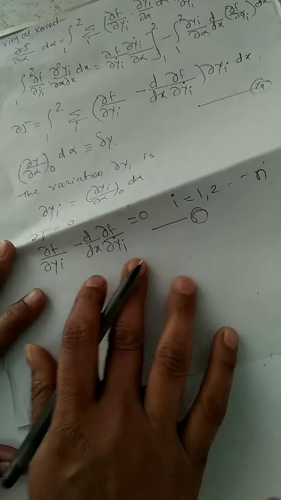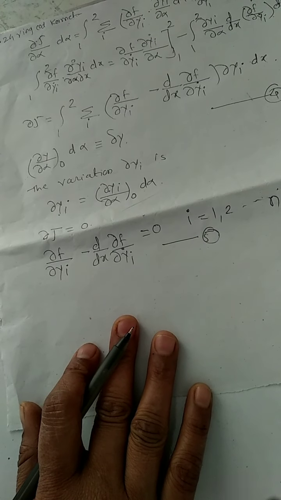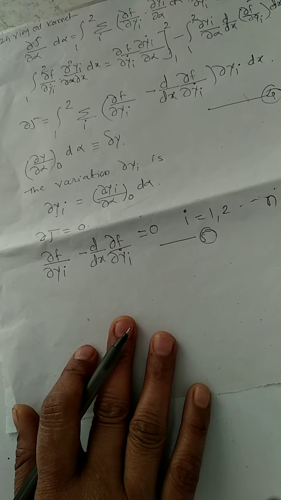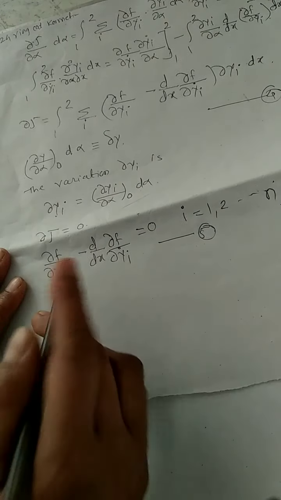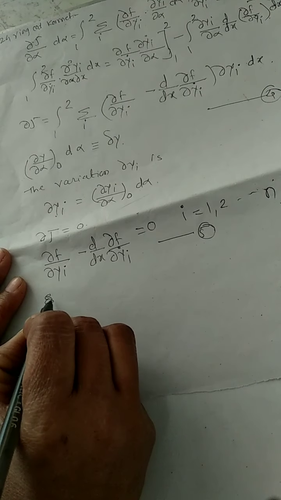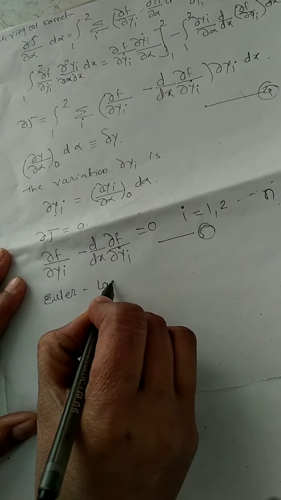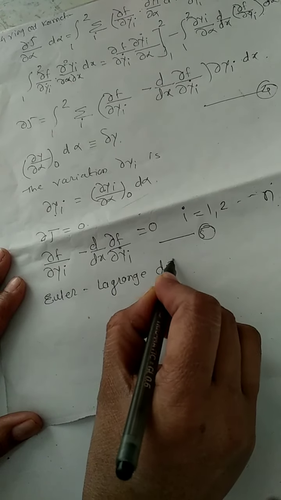Equation 5 represents the appropriate generalization of the Lagrange equation to several variables, and is known as the Euler-Lagrange differential equation.